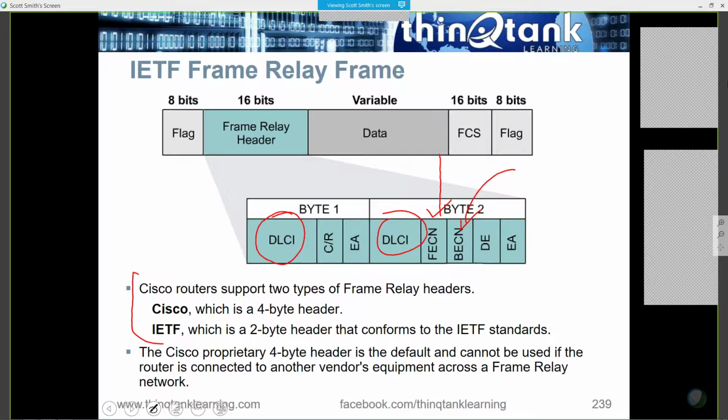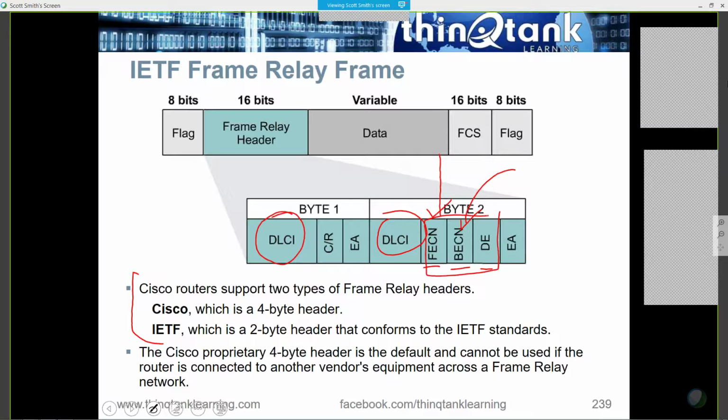These bits, the FECN bit, the BECN bit, the DE bit, these are all used for QoS in frame relay, which is not very good, because about the only thing frame relay can do for QoS is say, we're congested. And DE stands for discard eligible, meaning now I have to start dropping your bits because we're congested.